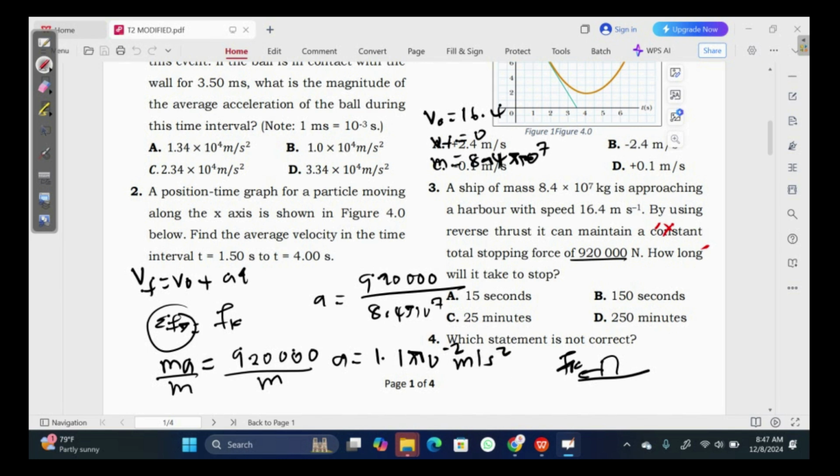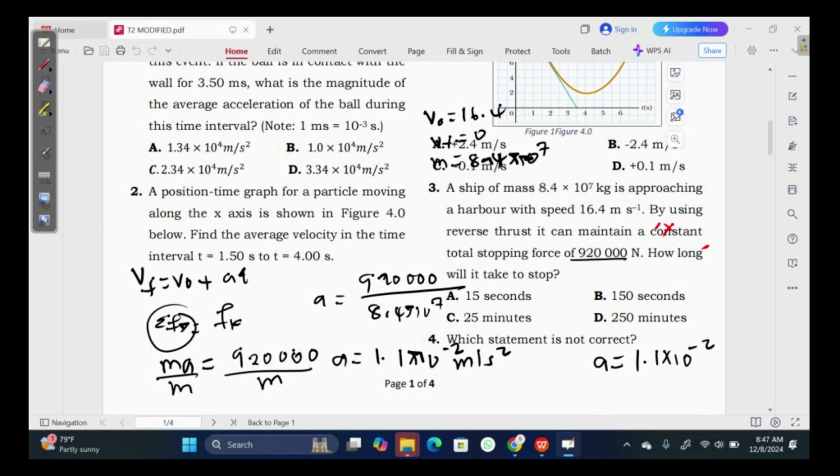That is going to be my acceleration. So I'll put it here to create space: 1.1 times 10 raised to the power negative 2.